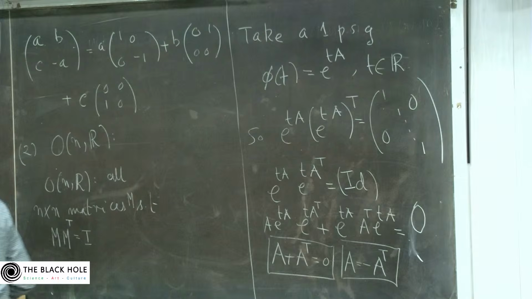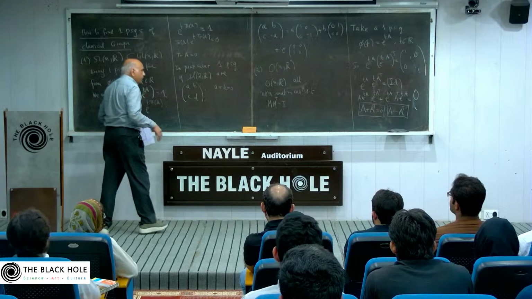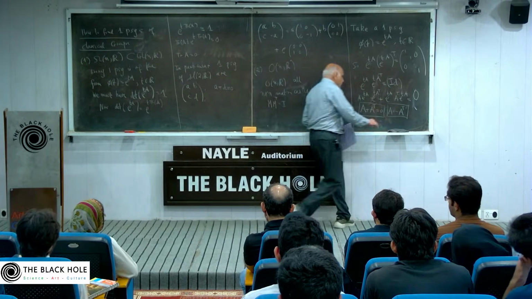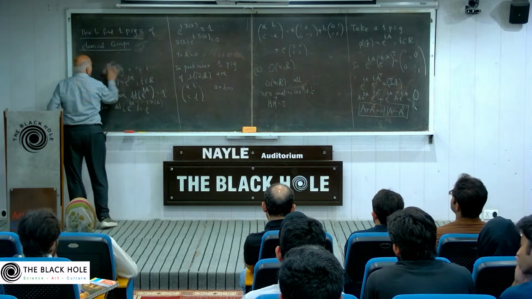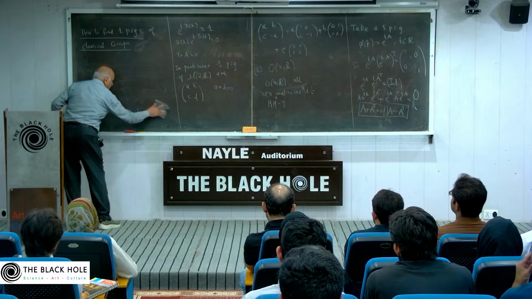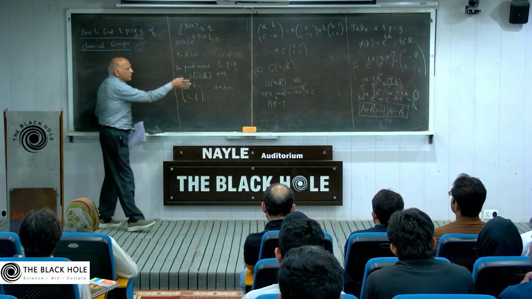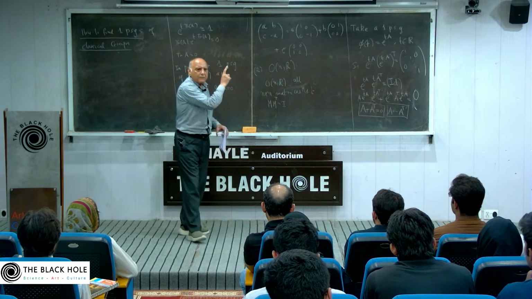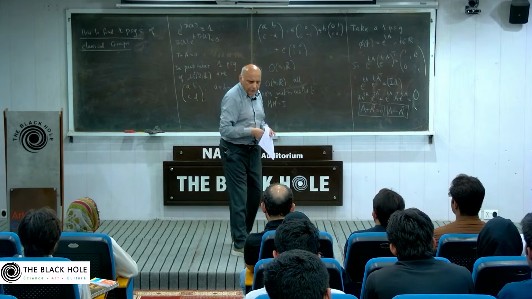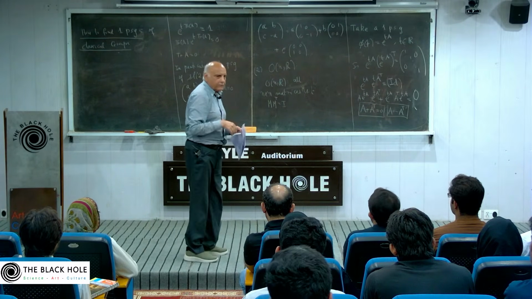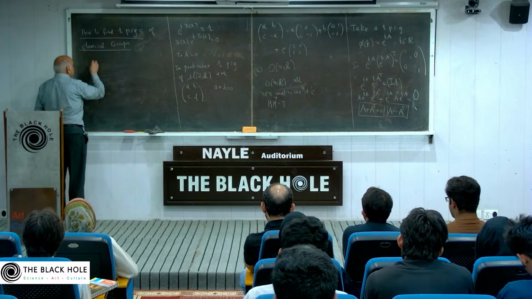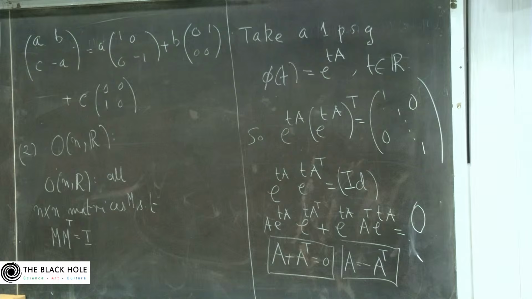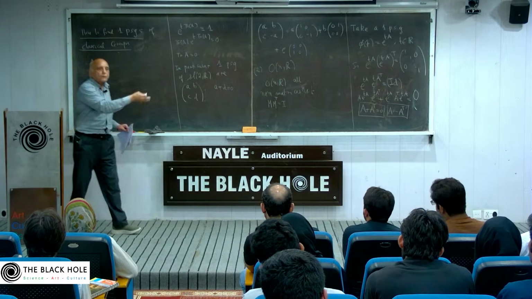And for you in physics, let's look at what happens for SO(3). These will automatically have determinant equal to 1. So all one-parameter subgroups from what I said before, because if it's a skew-symmetric matrix, what is its trace?